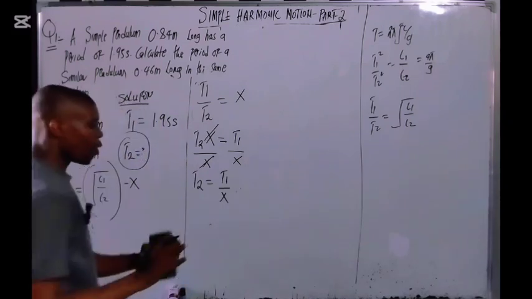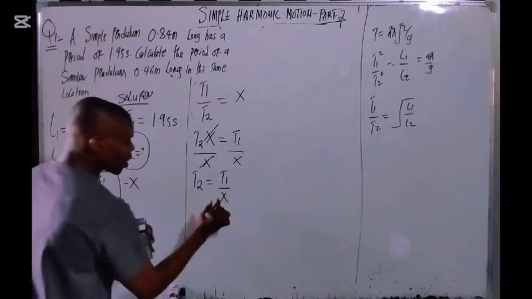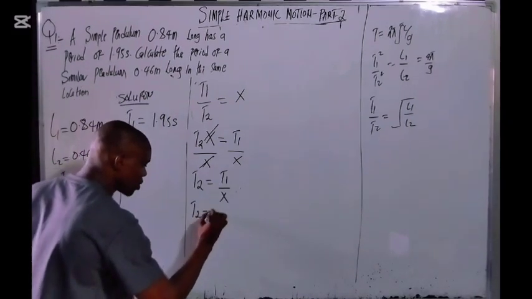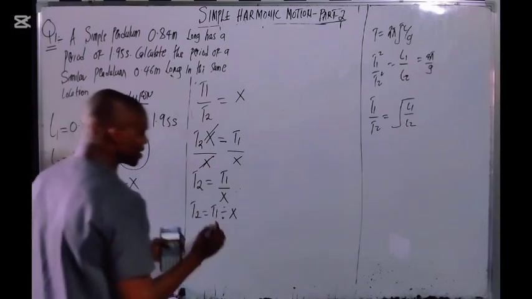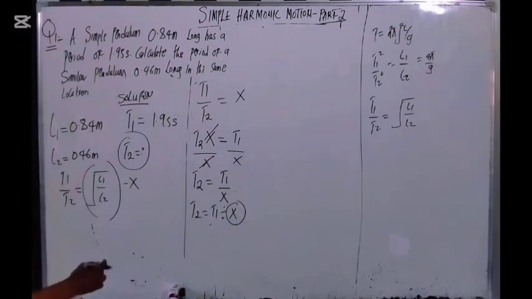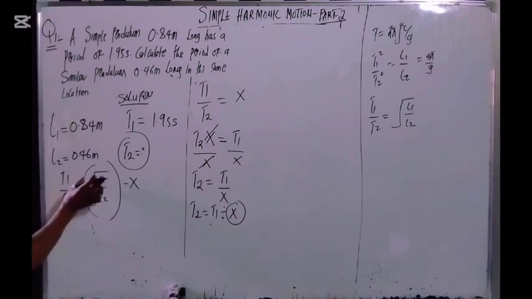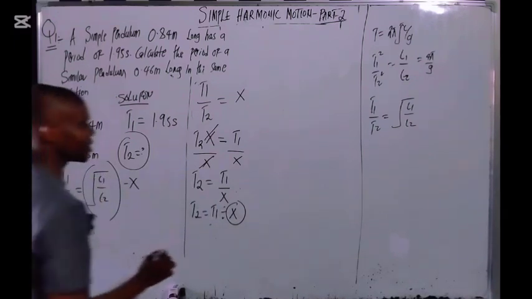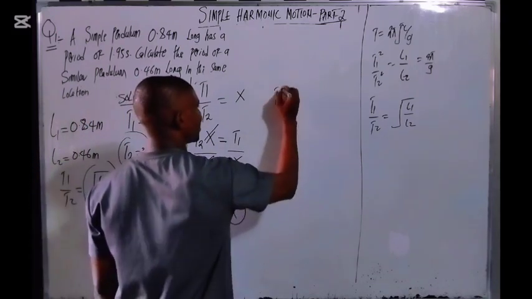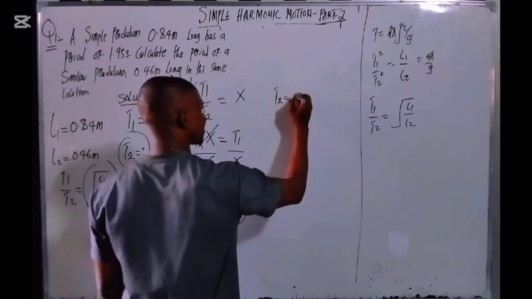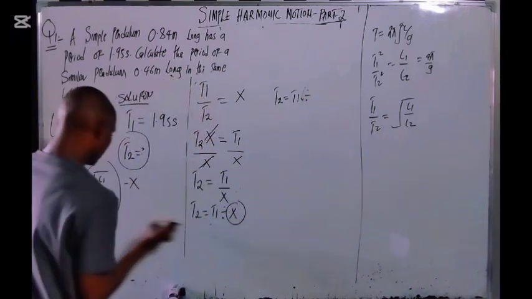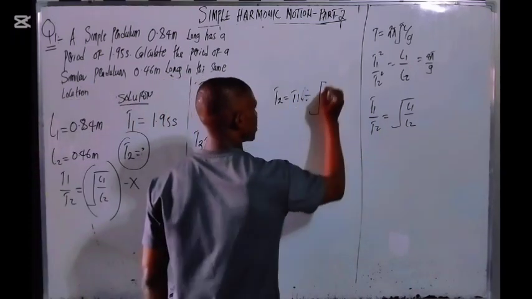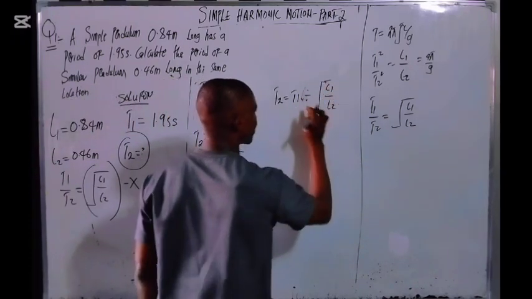This is saying that T2 equals T1 divided by X. But understand, what is this X? This X is this guy here. So you can say T2 equals T1 divided by the square root of L1 over L2.